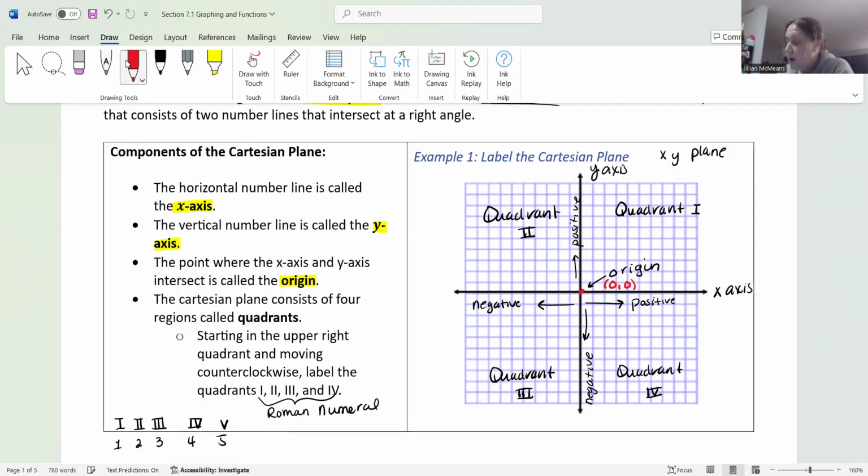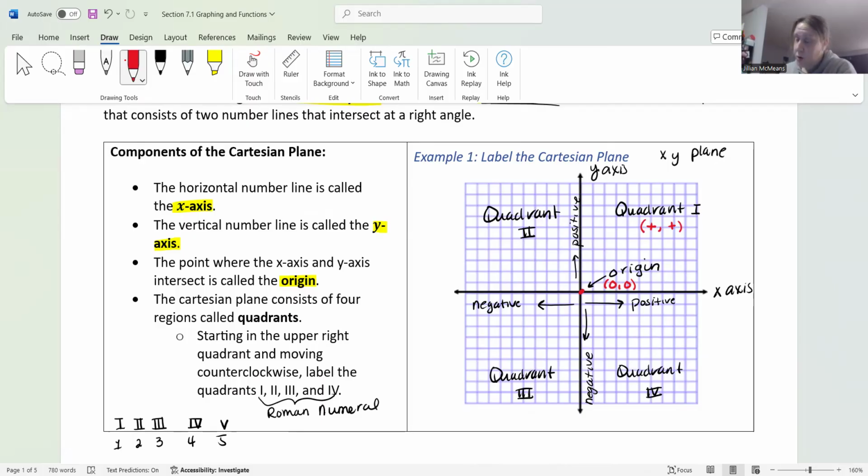Any point that is in quadrant 1 is going to have a positive x and a positive y. Remember the first number in an ordered pair is the x coordinate, the second number is the y coordinate. They are both going to be positive because to get to a point in quadrant 1, we would have to go to the right and then up, and that would indicate positive, positive.